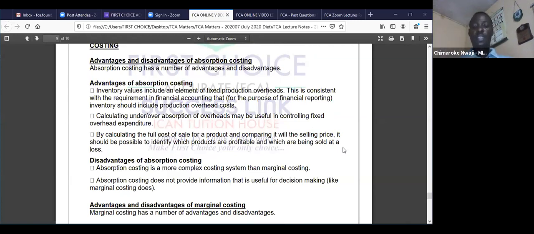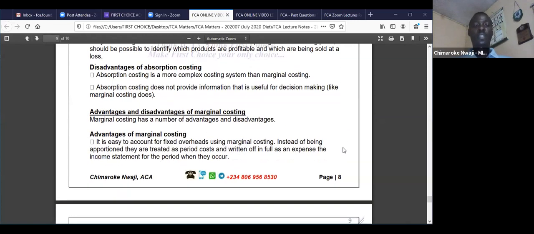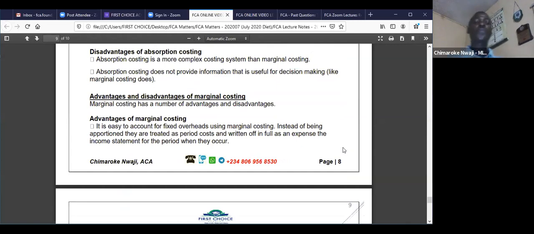Now look at the marginal costing advantages. It is easy to account for fixed overhead using marginal cost, but it's not easy for absorption cost because the production cost contains elements of fixed cost and elements of variable cost. The selling and distribution cost also contains elements of fixed and variable.